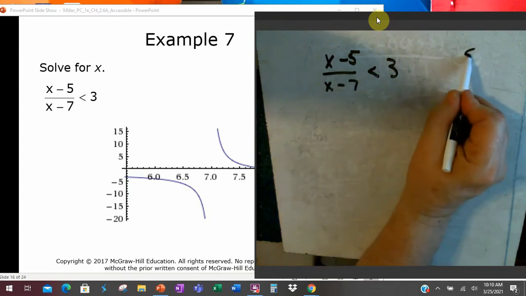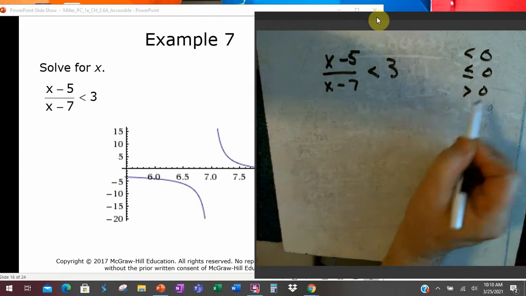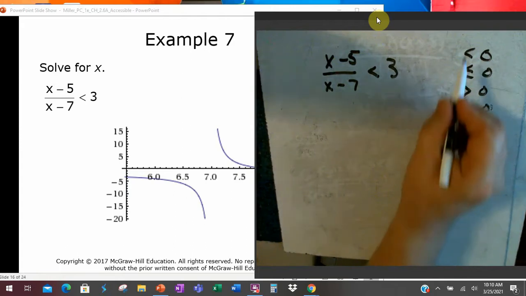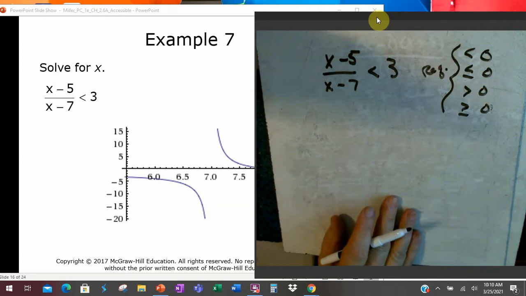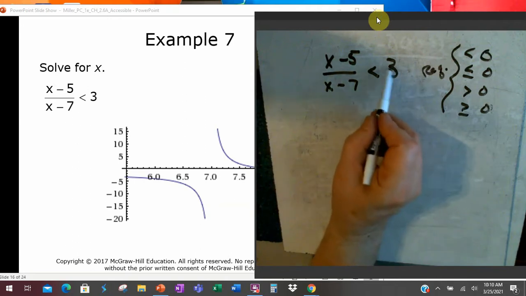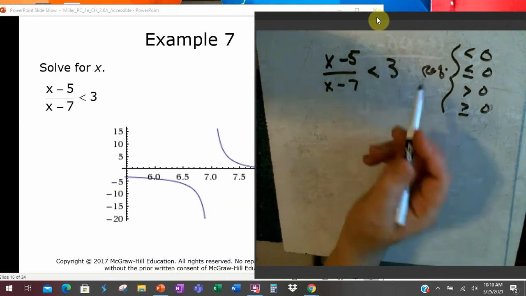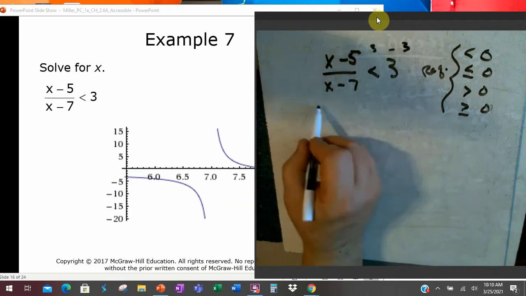I always want to compare to 0. That's required, okay? So how do I compare this to 0? Well, I subtract 3 from both sides. I make this 0, so I subtract 3 from both sides, and then we'll handle it from there.